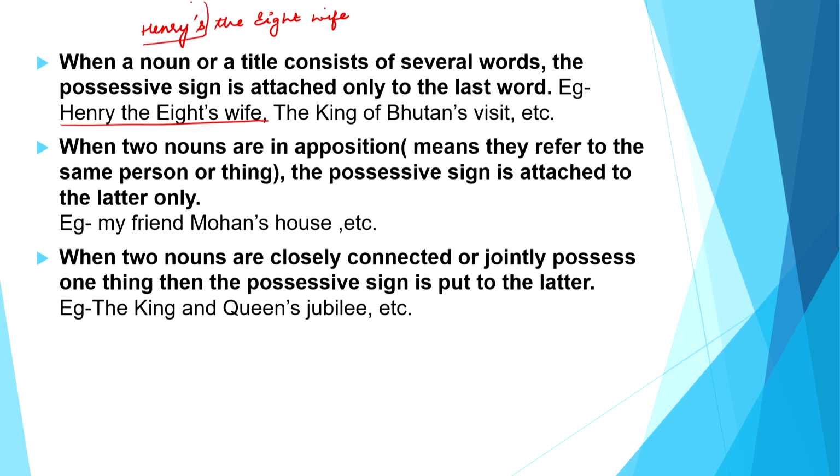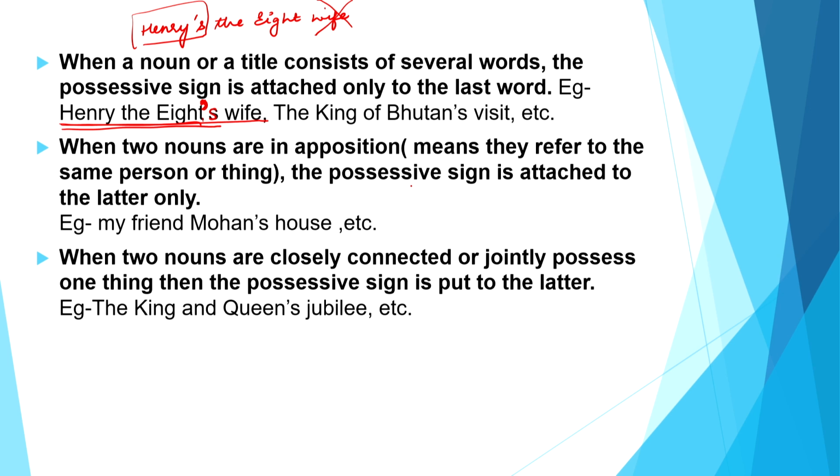Adding an apostrophe after Henry is totally wrong. In such cases, we add the apostrophe after the last word, because we are talking about the same person only, Henry VIII. So, our possessive sign will be attached to the last word.